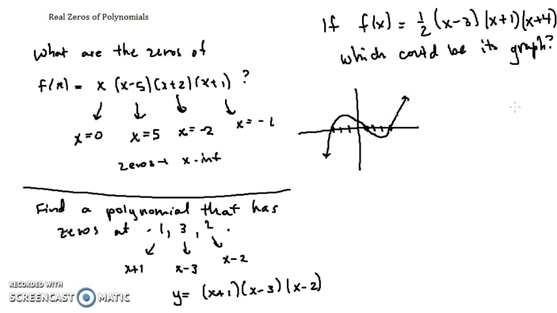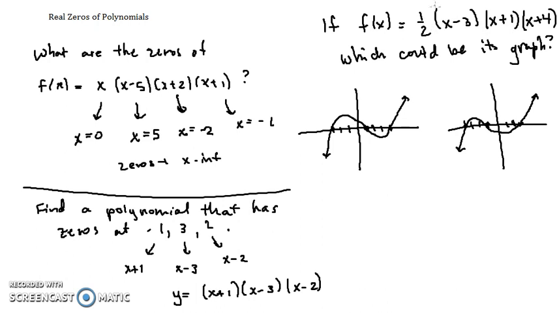Okay, there's our first option, and here's our second option. Okay, so you guys know by now my tablet graphing is not super neat, but you should be able to see enough here to decide. So which of these could be the graph of 1/2 x minus 3, x plus 1, x plus 4?